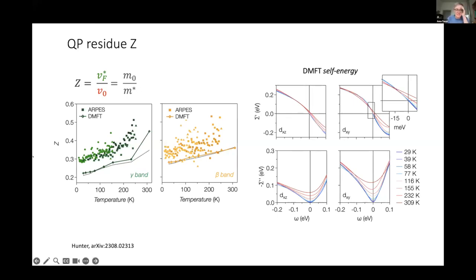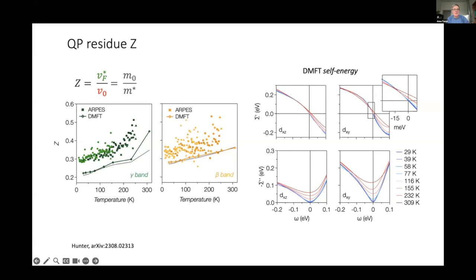First, a comment on the fact that we find higher values of Z than DMFT. I think this is an experimental issue. What you should take from this graph is mostly that DMFT and ARPES find the same temperature dependence. On the exact values of Z that we extract from the experiment, there are a lot of issues with the resolution of the experiment, and with how you prepare the system to show the bulk states and not the surface states.